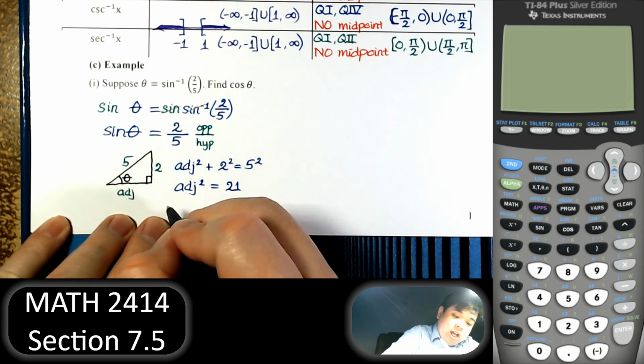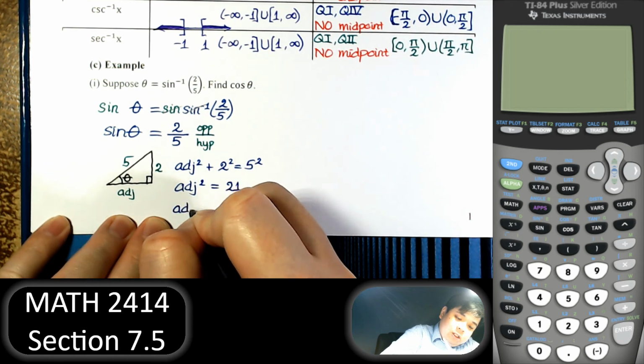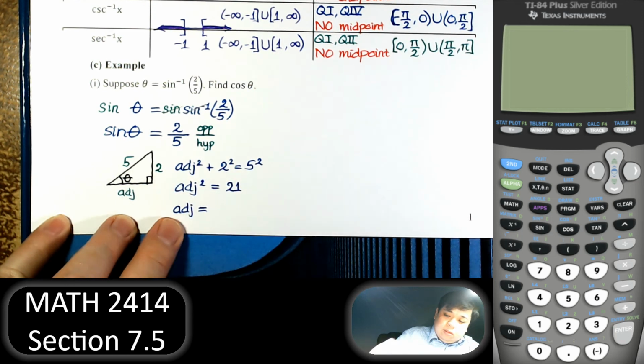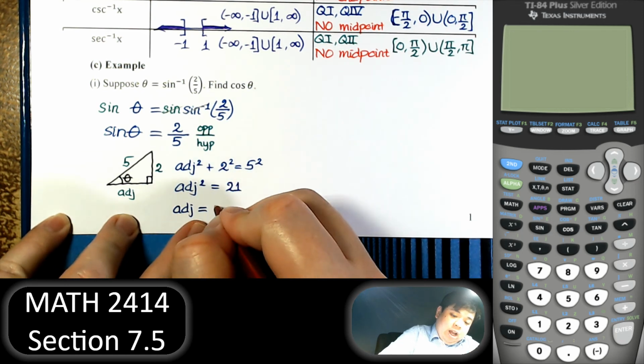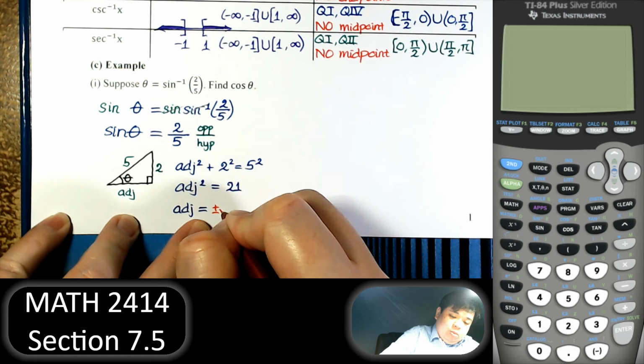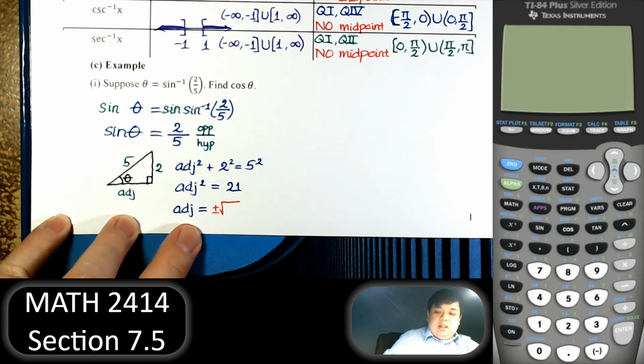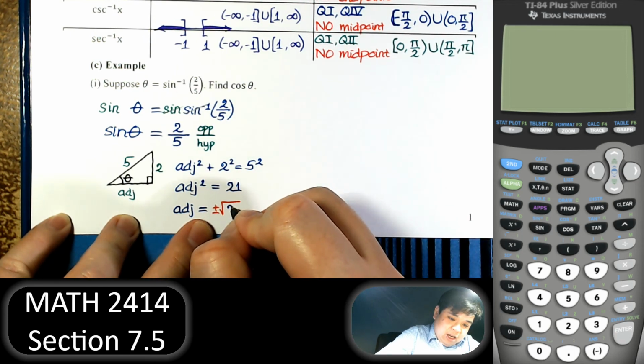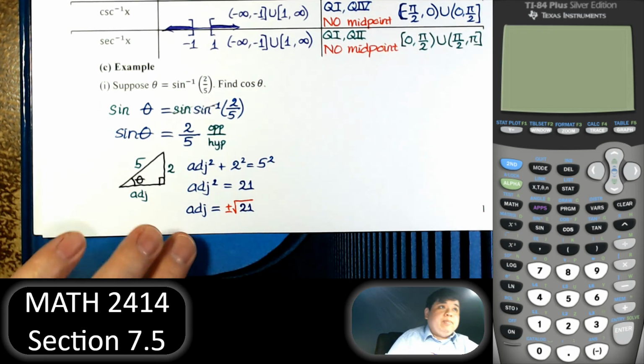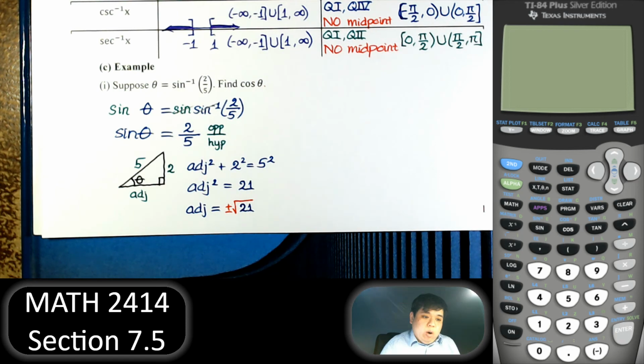Very important, when we take the square root on both sides, we have to have plus or minus. So is that a plus or is that a minus? Right. So we have the adjacent is square root of 21.